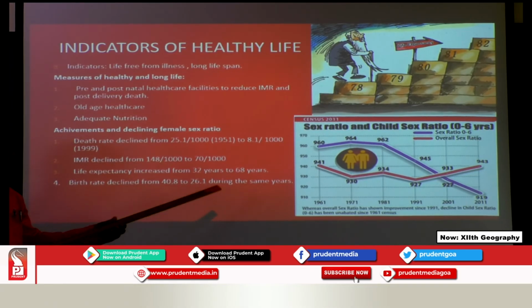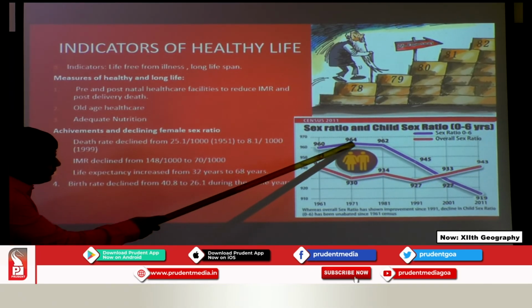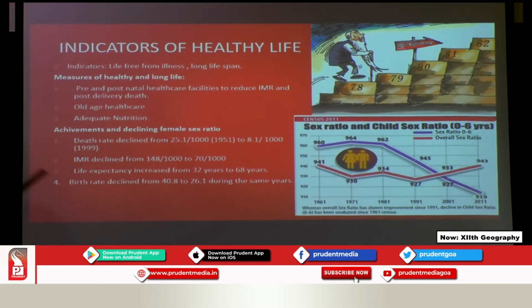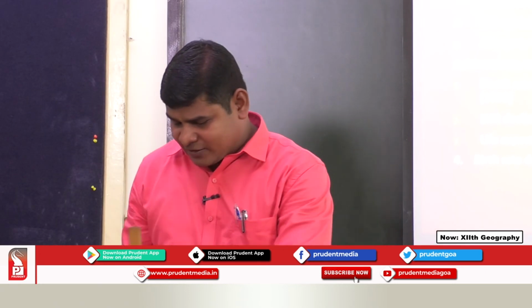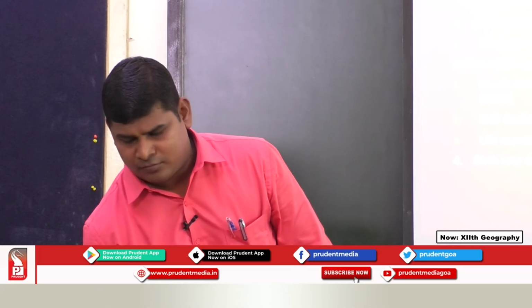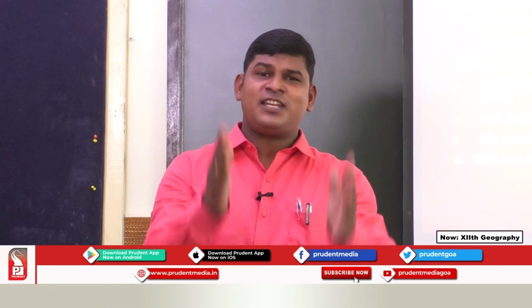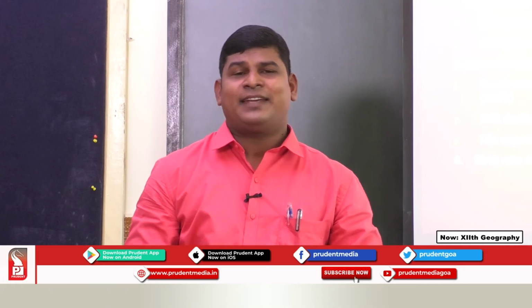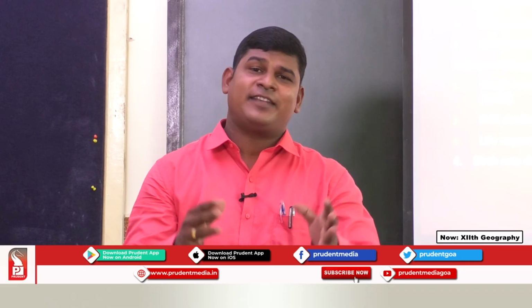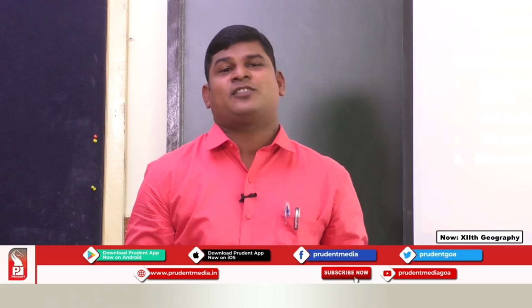Now, a major concern for us is the child sex ratio. It is showing a decreasing trend. That means the child sex ratio is declining in India. You can see from 1961 till 2011, it has come down to 919 females. Now, there is one exception to this. The only state in India that has a favorable child sex ratio is Kerala.